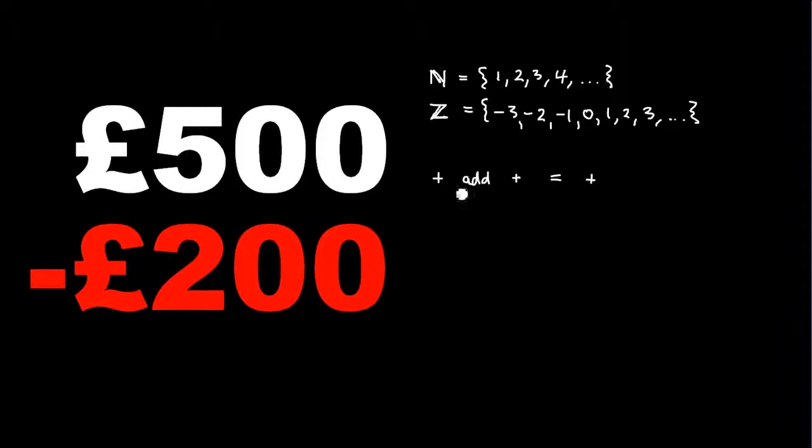So all we're saying here is if we have a positive number above the 0 line, say 2 add 3 will give us 5, and so we're still in the positive. So a positive add another positive gives us still a positive.